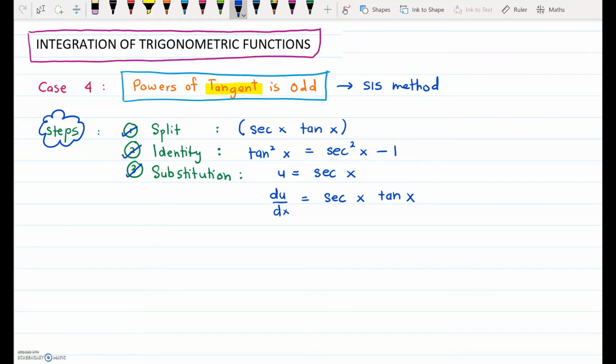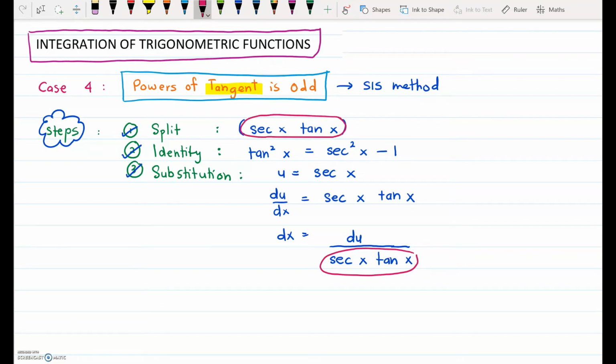Then when you write dx as the subject, it will be du divided by secant x tangent x. If you can see here, we will have the similar thing in your dx and the thing that you have split in the first step.